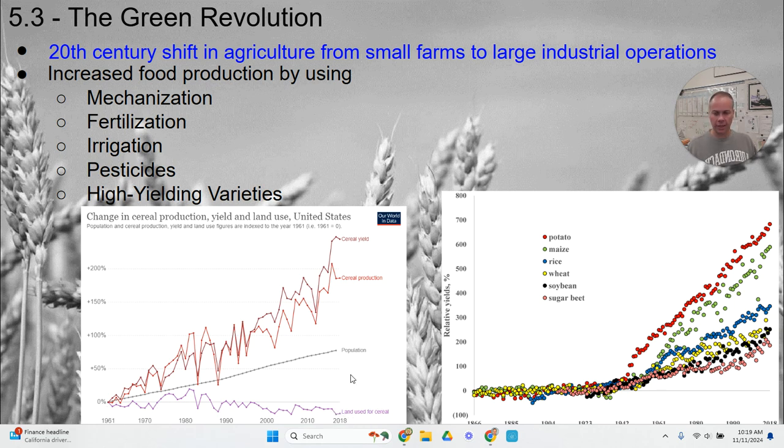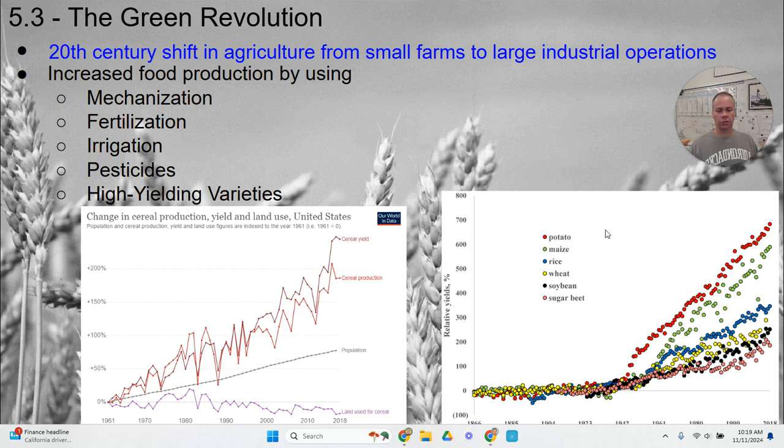So we're using less land, but look at what the production of these crops is. It has increased dramatically, well over 200 times greater than it was in 1960. So those represent these improvements in yield that happened as these techniques took hold.